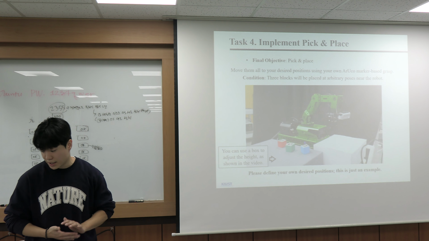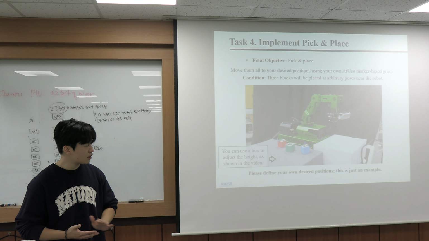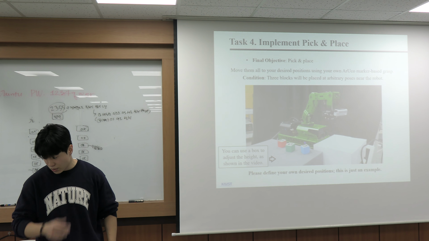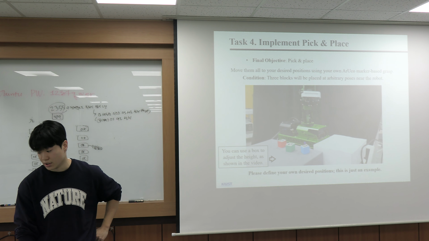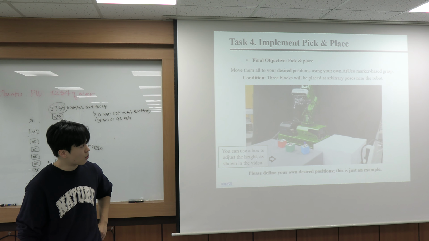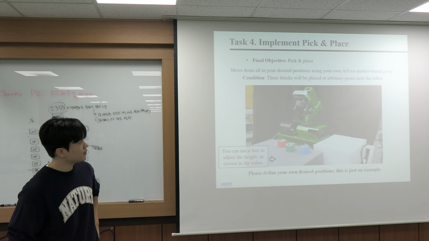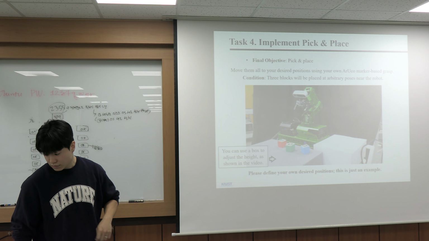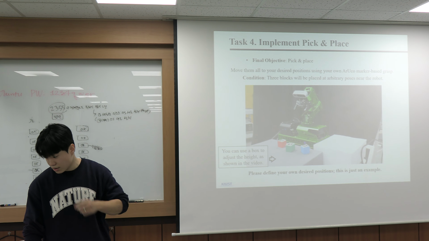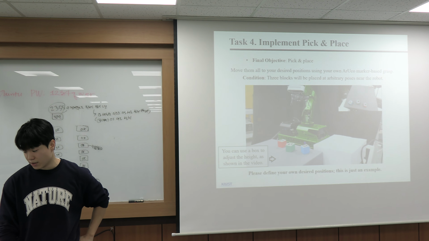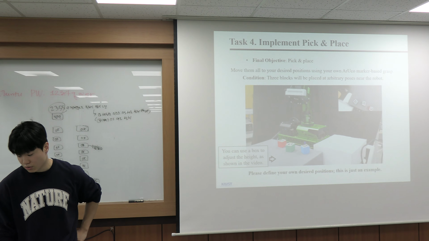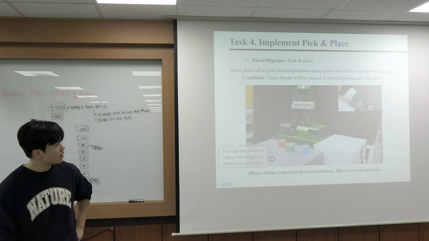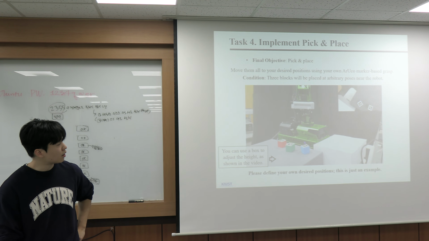The last one is the pick and place. This is the final project for today. The goal is to move the objects to the desired location using your own RF marker based grasp. So three blocks will be placed at a random pose in front of your robot, and your robot should pick them up, like in the video.